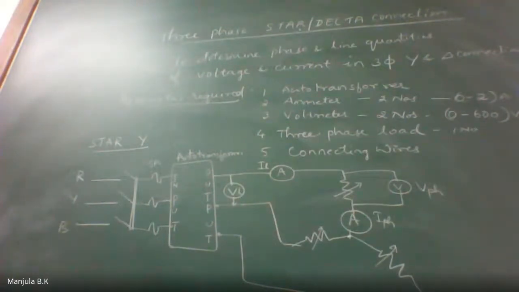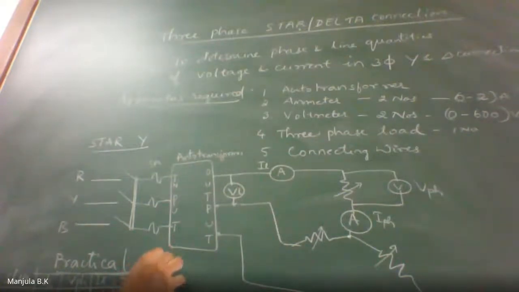So the tabular column, the data we need in case of star connection: we will have practical data. So we will have serial number, VL line voltage, V phase, and IL and I phase.